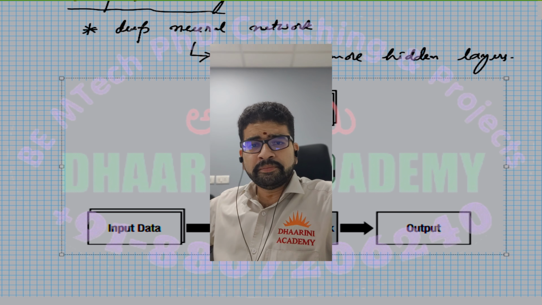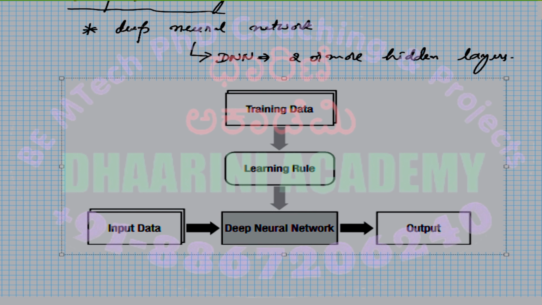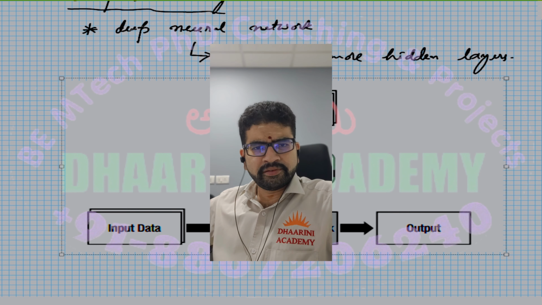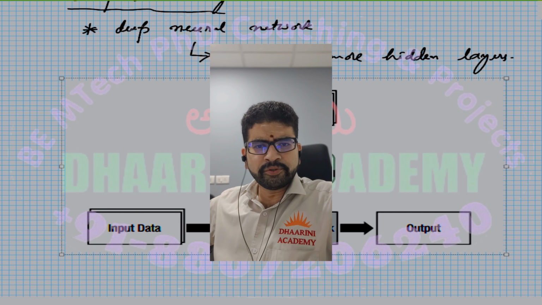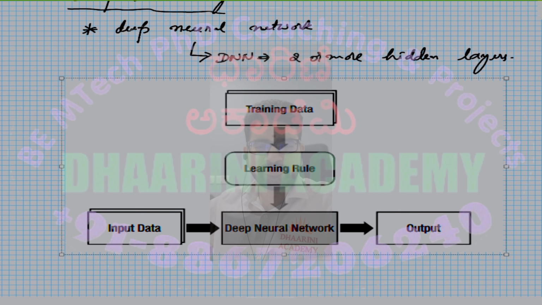Then the problem became slightly complicated. You couldn't use just a single layer, you had to extend it to different layers. When there was one input layer and one output layer, that itself suggested that if you increase the number of layers, you can solve the problem in a much easier fashion. So that was the idea.